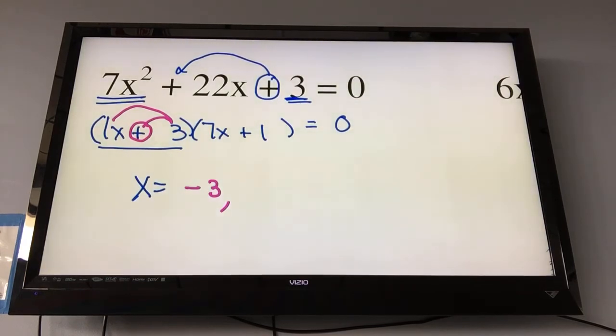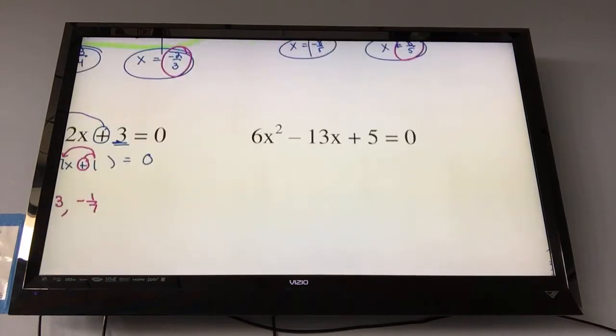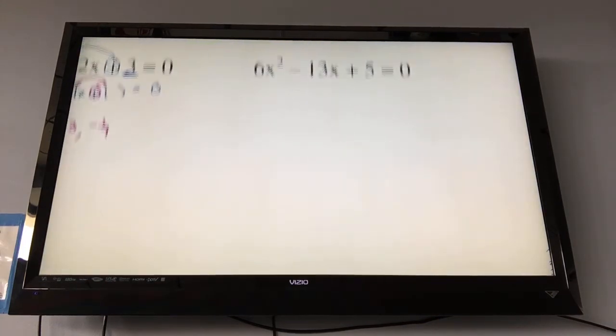And what's the other answer gonna be? -1/7. So I don't have to show the solving work if I know that shortcut. All I have to do is factor it and get to the answers. Okay? One more we're gonna try that shortcut with.